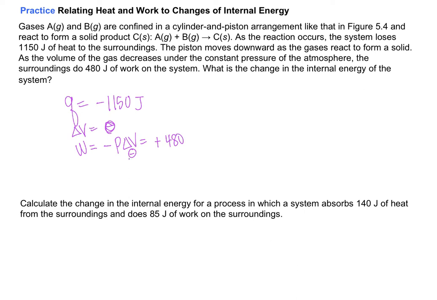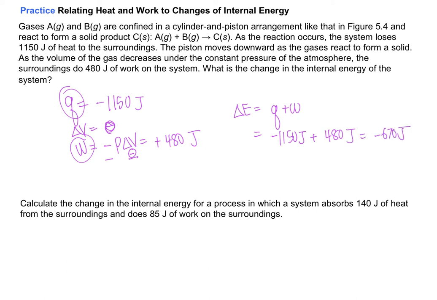So what's the change in internal energy? Delta E from our equation is Q plus W. So we have negative 1150 joules plus a positive 480 joules. Solve for that, and we get negative 670 joules.